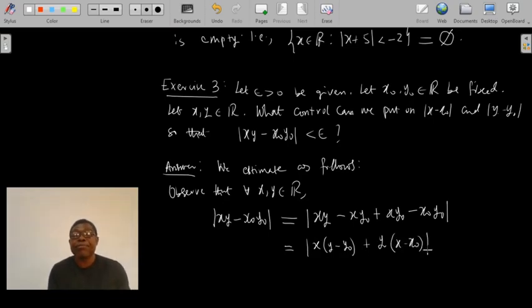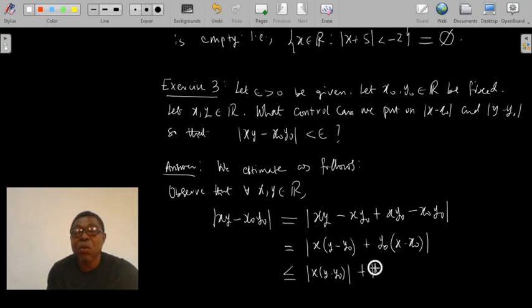And then by the property of absolute value, this is less than or equal to absolute value of x into y minus y naught plus absolute value of y naught into x minus x naught.